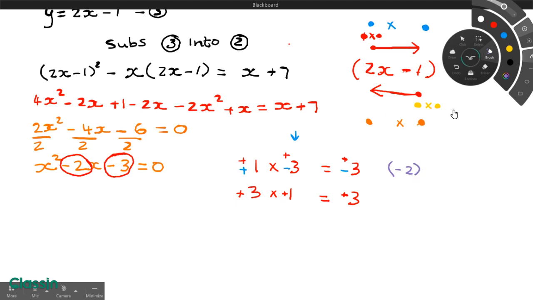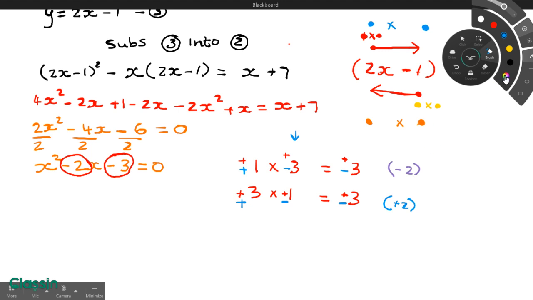Then I'm changing here to negative. This one remains positive. If I say plus 3 minus 1, the answer that you get is positive 2. But if I say plus 3 multiplied by minus 1, the answer that you get is negative.